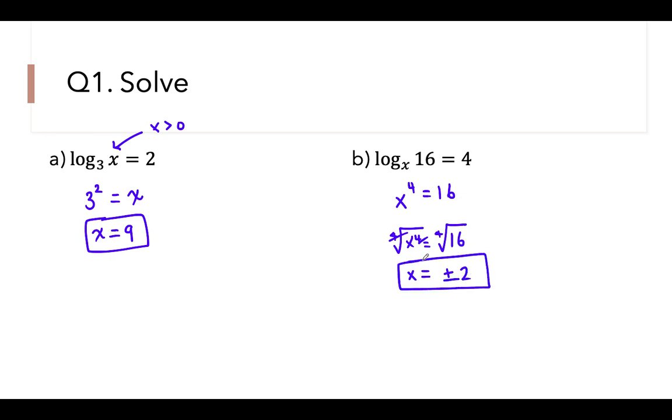So there are 2 answers. But what do we say? x has to be greater than 0 in order for the logarithm to work. So therefore, the only possible answer is x is equal to positive 2. That will be the final answer. It can't be negative 2.